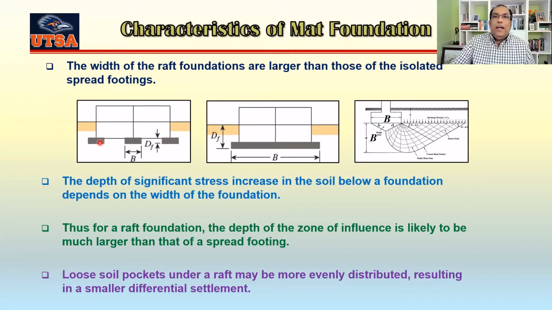But here, the slab thickness is huge and the slab has enough stiffness, so a little variation in the bearing capacity along the horizontal extent doesn't affect it that much because of the mat foundation.